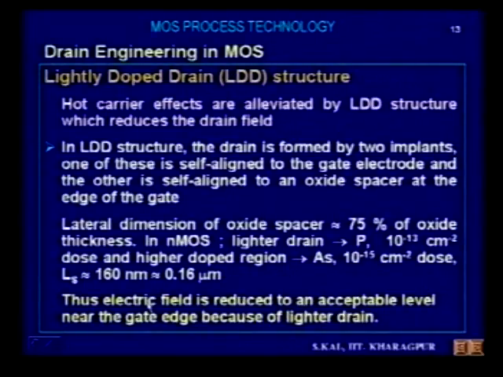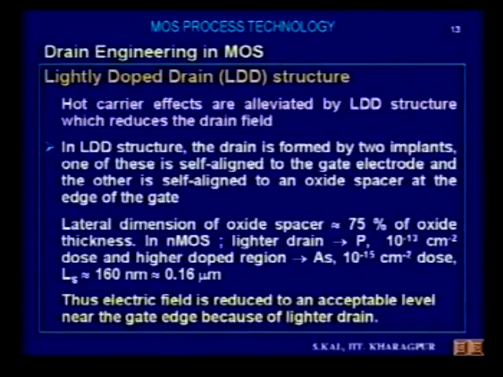The electric field is reduced to an acceptable level near the gate edge because of this lighter drain. If the drain region is highly doped, then the electric field will be very high, but the drain is separated into two regions. One is lightly doped, another is highly doped.